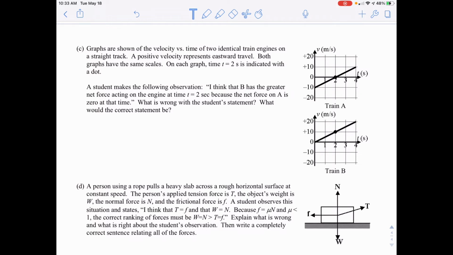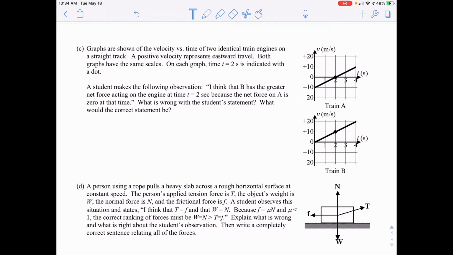A student makes the following observations. Quote, I think that B has the greater net force acting on the engine at time equals 2 seconds because the net force on A is 0 at that time. What is wrong with the student's statements? How could the statement be corrected?